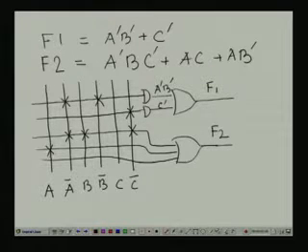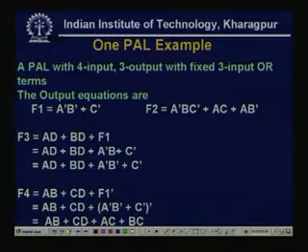So, this is A, this is C, AC and then A B dash. So, this is my F2. Now, what we see is that F3 is actually AD plus BD plus A dash B dash plus C dash. A dash B dash plus C dash is nothing but F1. So, F3 is AD plus BD plus F1.